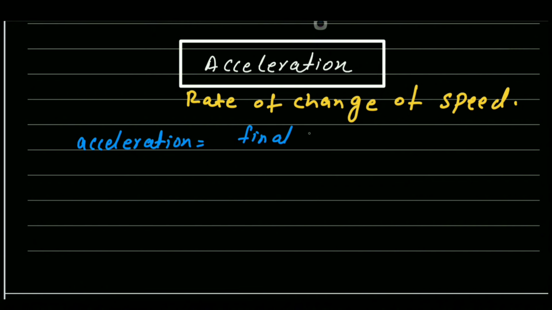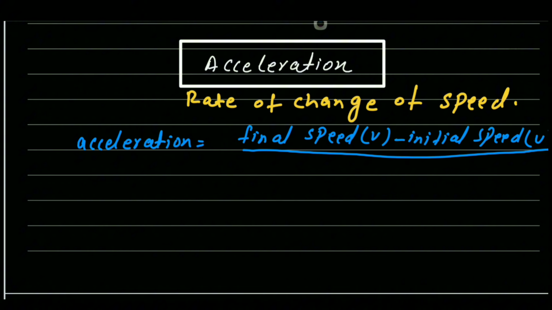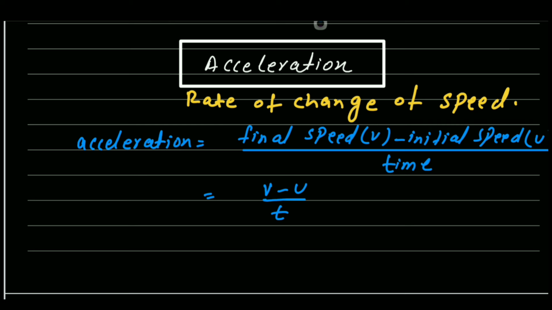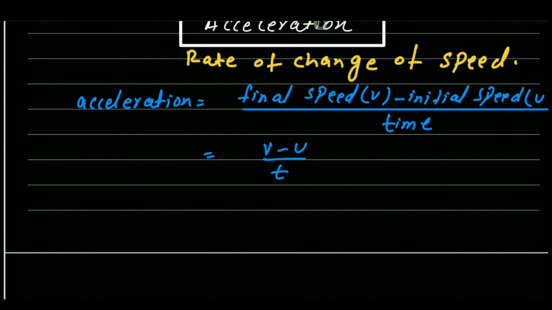Final speed, you can say v, minus initial speed, short form u, over time. So you can also write v minus u over time. This is the formula of acceleration.